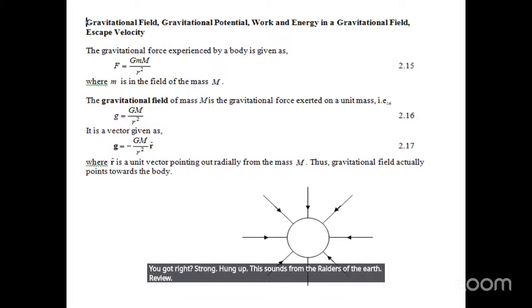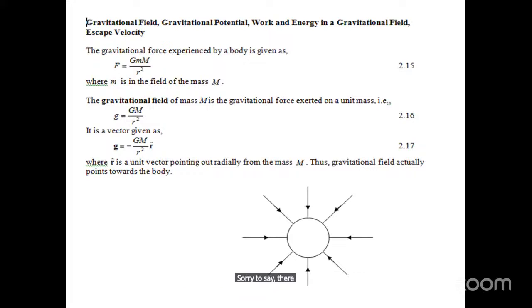Sorry, sir. There is another R prime there, like R bar. That is equation 2.17. That R cap is a unit vector. It has magnitude 1, right? It's clear now, sir.